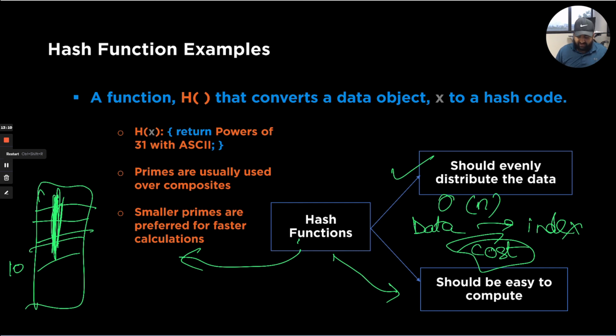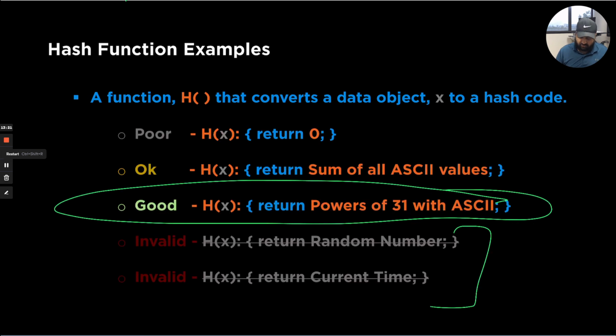Another thing, as I described, primes should always be used, and smaller primes are used because we prefer faster calculations. Although we saw here we had ASCII characters, we know that it's going to guarantee we are going to have a collision no matter what.